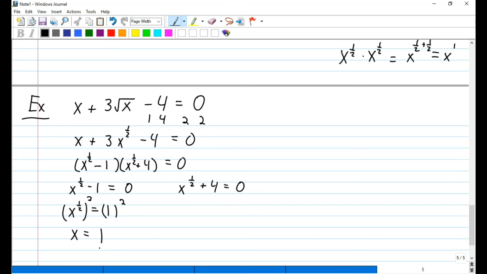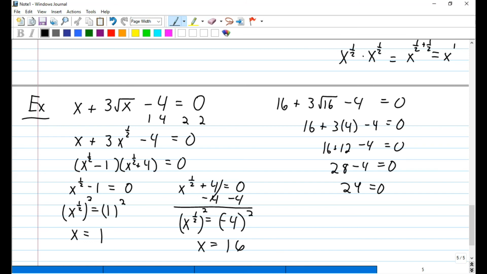So x equals 1. For the other one, square both sides again, and we get x equals negative 4 times negative 4, positive 16. So my answers are x equals 1 and x equals 16.